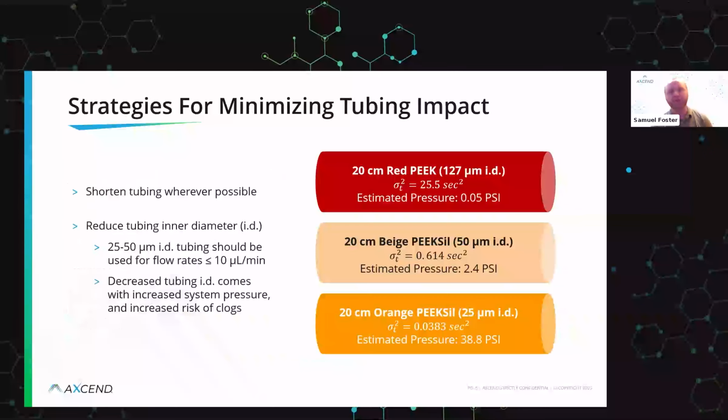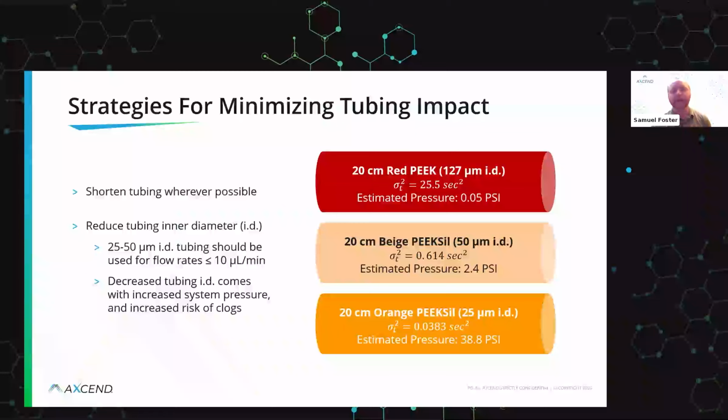So in terms of best practices when you're working on the capillary scale, you want to ensure that you're using the narrowest inner diameter tubing possible within reason. Because again, as you start to shrink these inner diameters, now you're using very, very small ID tubing that has the potential to clog. It also has the potential to dramatically increase the back pressure of your system.